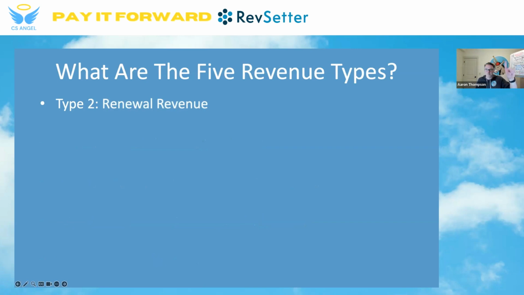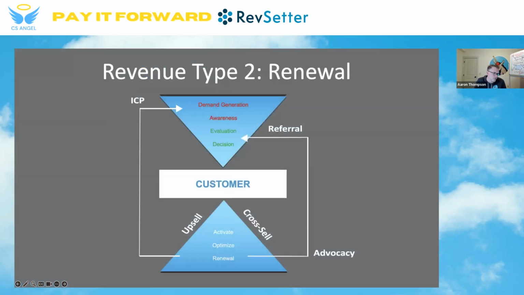Okay, that's number one. Number two, renewal revenue. Pretty straightforward. So once we've now brought them from the top of the funnel to the bottom and we get to the end of their contract, since we did not sell them a physical product, but rather we sold it to them as a service, we've got the renewal conversation. And obviously that lives right there.